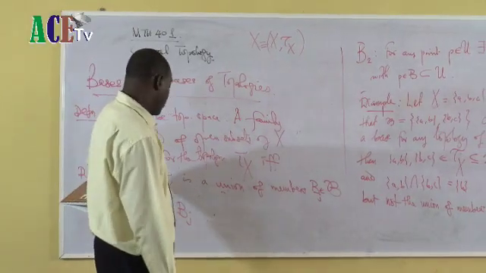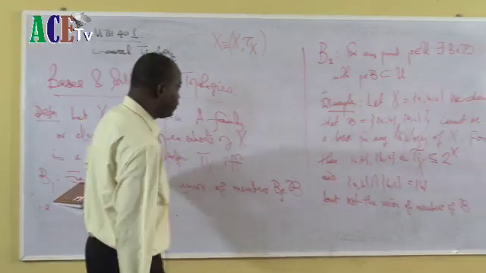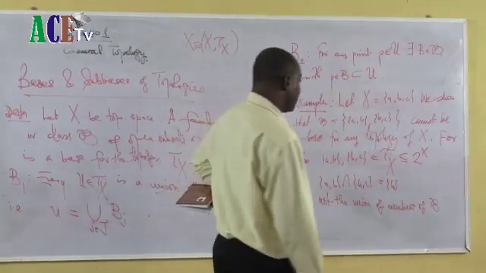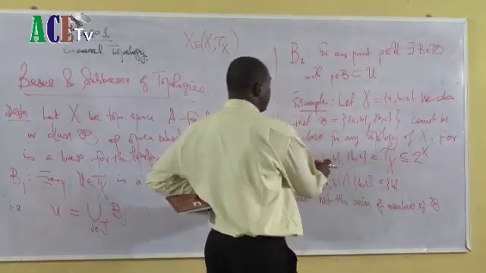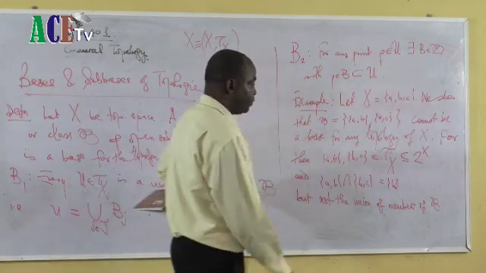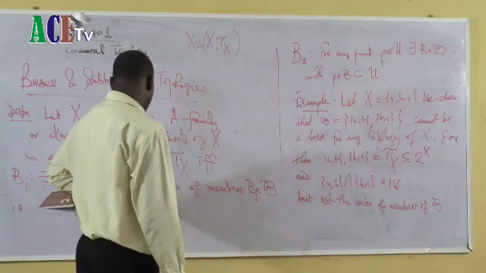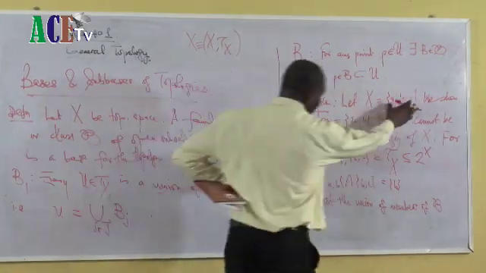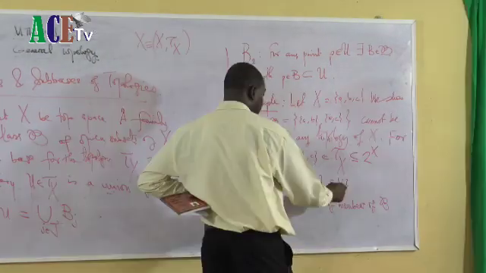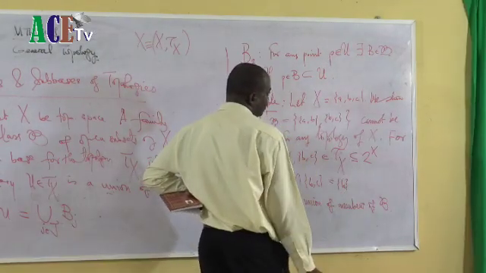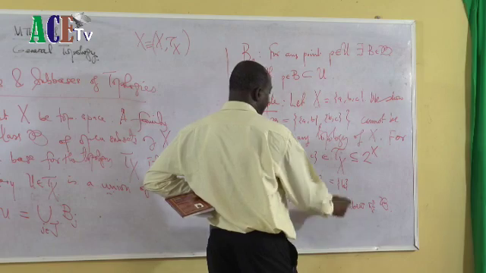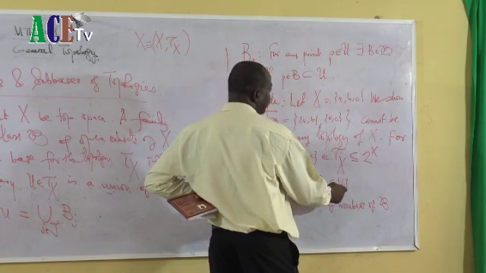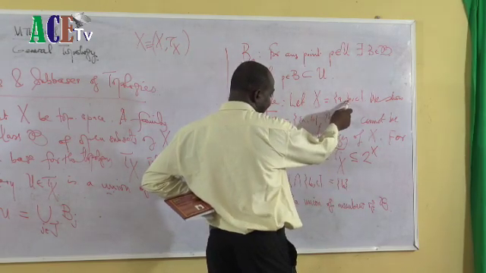Now, if you take a union of this and this, you will get X, of course. That's true. B here is a point in X, isn't it?